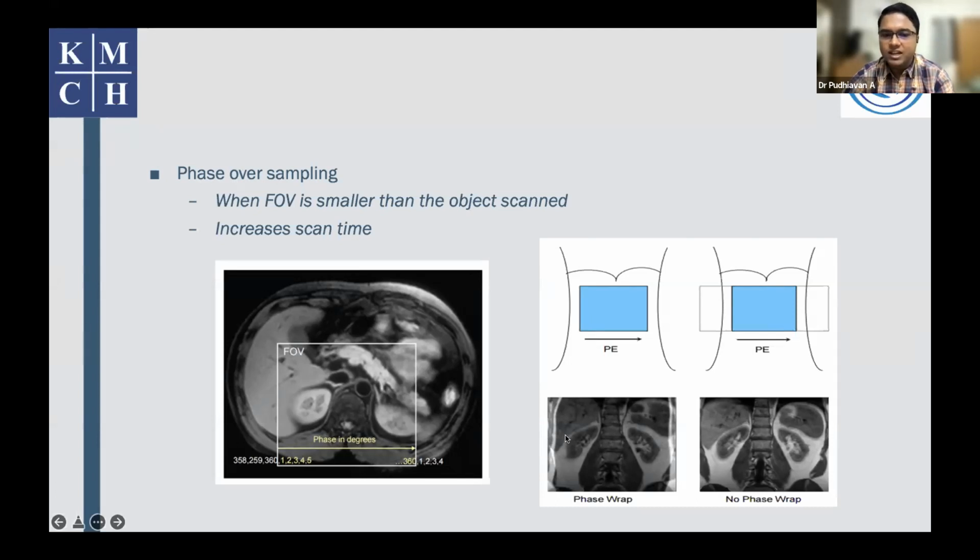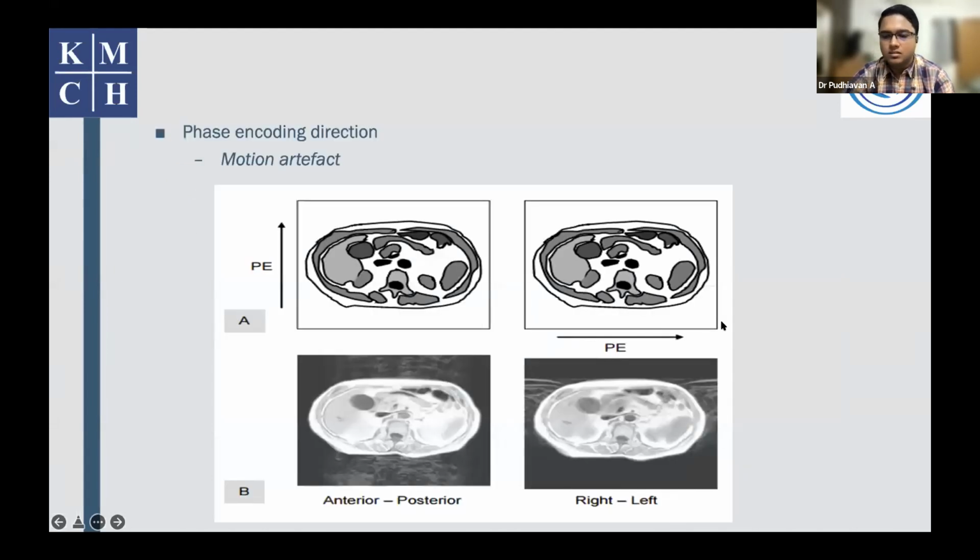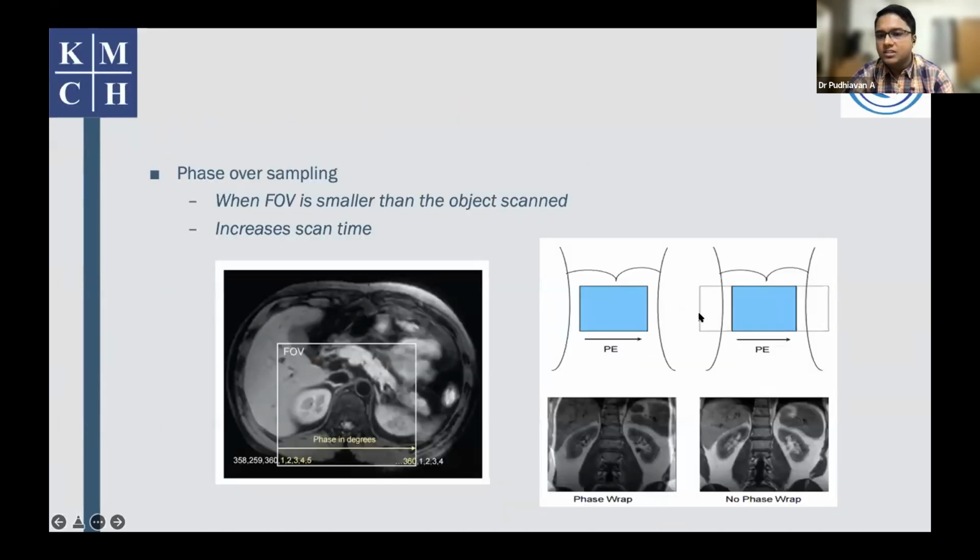To prevent phase wrap, we do something called phase oversampling, where we put a larger FOV covering the entire body part that has to be scanned, but the image generation uses only the signal coming from this part, whereas the phase encoding happens from this end to this end.